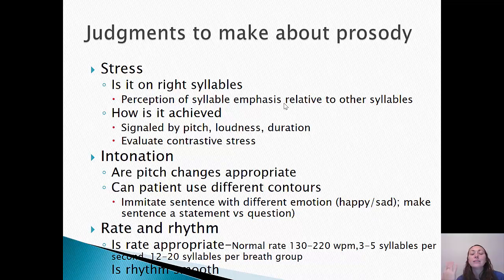Informally, we can perceptually see stress and intonation within conversational or connected speech. But we can also add a little more control and make this a more objective task by having contrastive stress tasks.